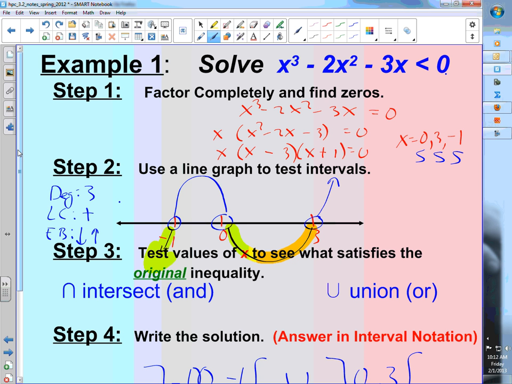Only people who have the power to contact out of this realm. It's like the magic 8-ball. You could use the magic 8-ball test. Should I take the interval between negative infinity and negative 1? And we ask the magic 8-ball, and this magic 8-ball says, reply hazy, try again.